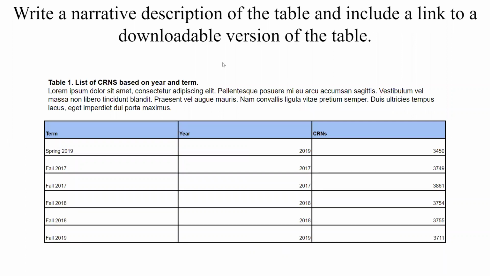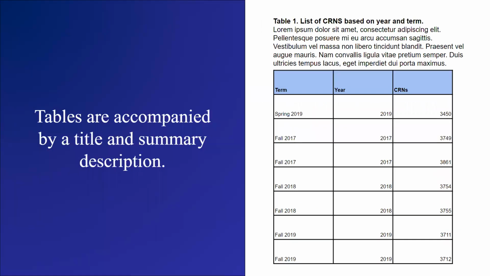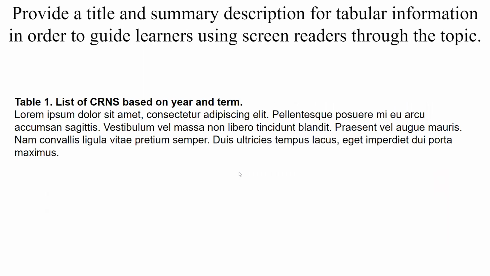If you have a table, the other thing you want to make sure you do is have a description of that particular table. Have a title for it, a description, and then a properly laid out table. We're going to focus on that a little longer: you have a title and a summary, and then lay out your table.